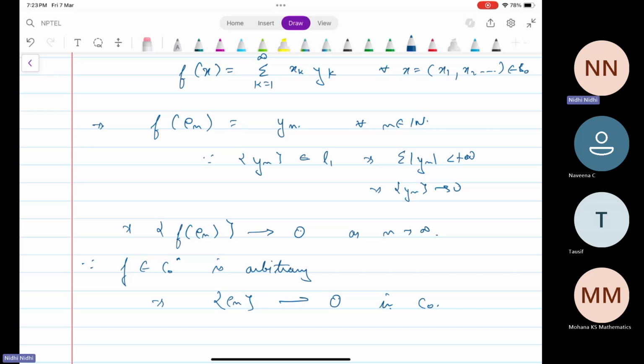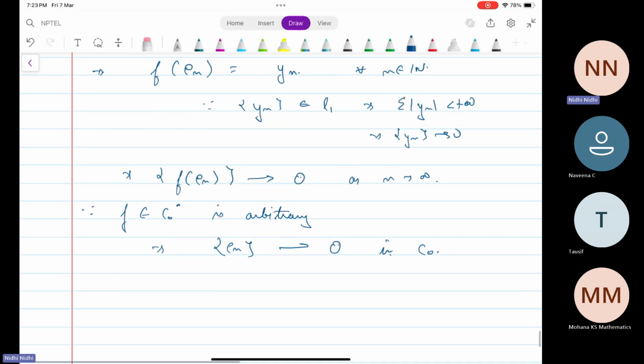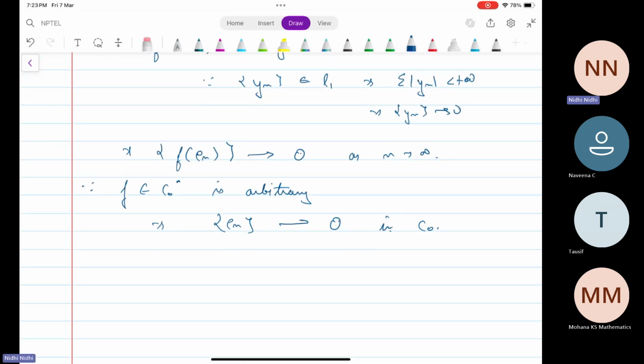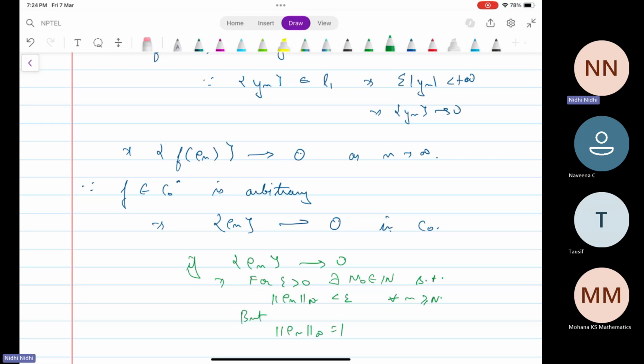From here, we can see that en can never converge strongly, because suppose it converges, then the only possibility would be 0. And if en converges strongly to 0, then for epsilon positive, there exists some n naught in N such that the sup norm of en is less than epsilon for all n greater than or equal to n naught. But the sup norm is 1 for every n.